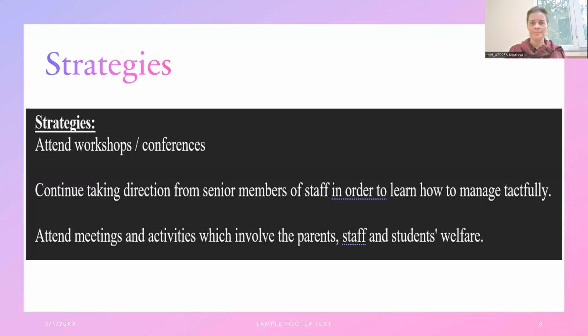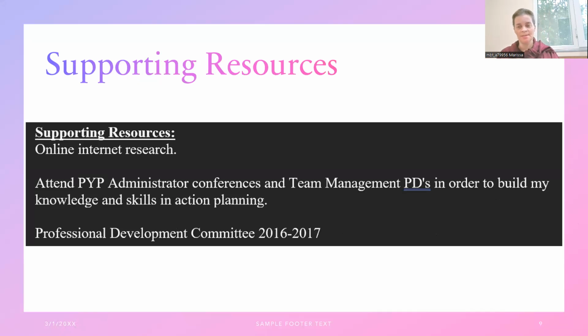Now the next step of your presentation would be supporting resources. What types of supporting resources are you going to use? You have your strategies on what you think you're going to do in order to achieve those goals, and your resources might be what kinds of things you are going to use in order to achieve the strategies in order to achieve the goals.